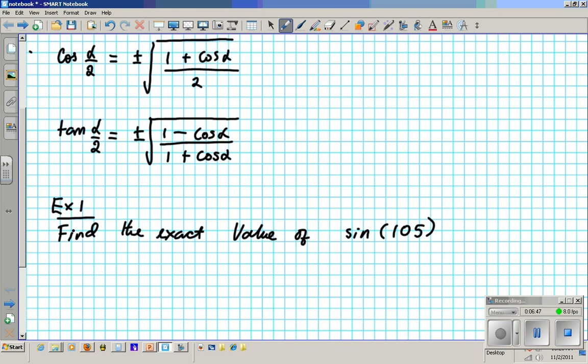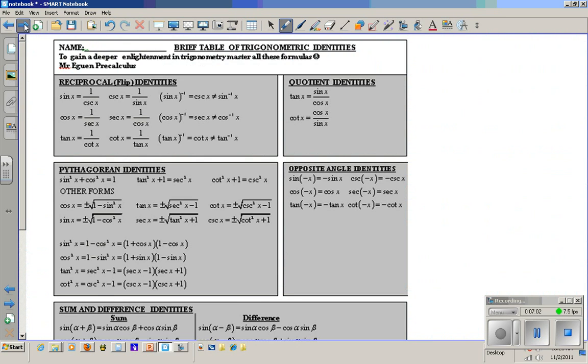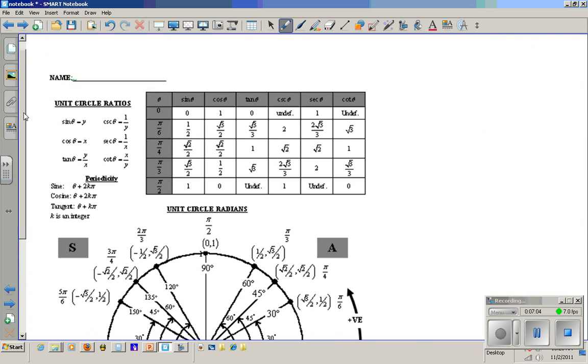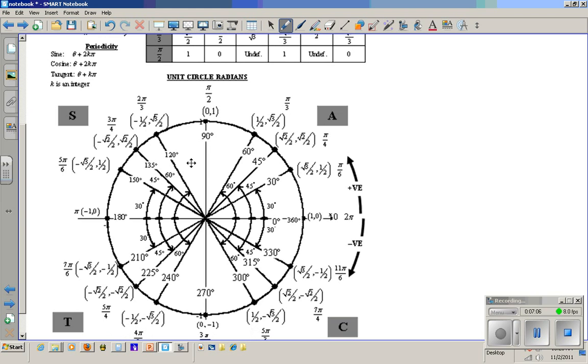So remember, sine is a y-coordinate on your unit circle, right? So is 105 on the unit circle? That's the question. So let's take a look at our unit circle and see if 105 is there. All right, so obviously we can't do this using the unit circle.